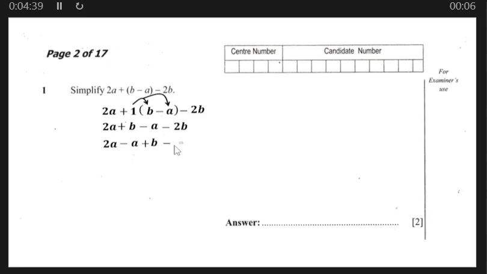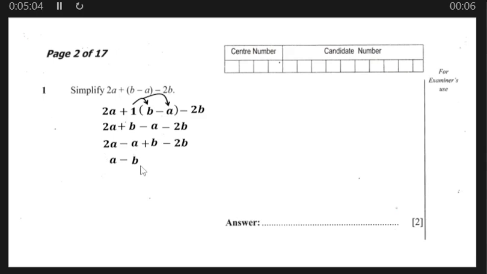From here, we either subtract or add the like terms. In this case, we subtract the like terms. So 2a minus a gives us a. Then b minus 2b gives us minus b. So here we have a and also b.